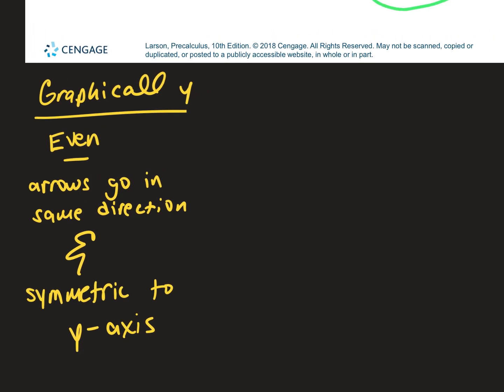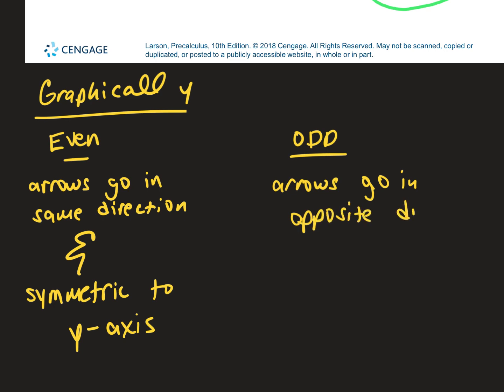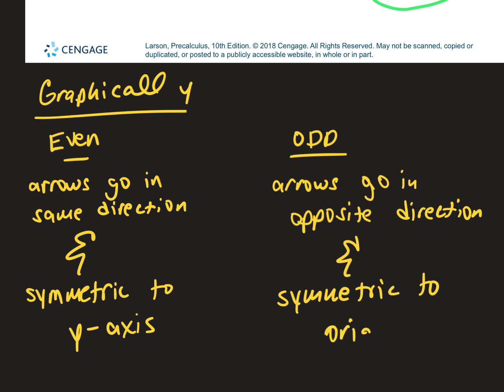A function is odd graphically if the arrows go in opposite directions and it's symmetric to the origin. What does that mean?